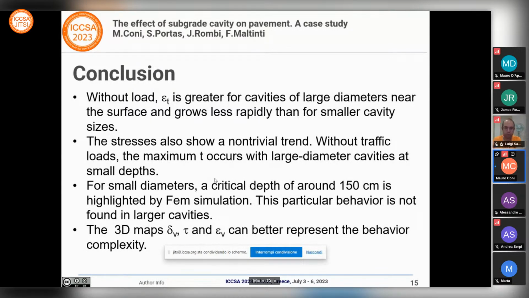For small diameter, a critical depth of about 150 centimeters is highlighted by the FEM simulation. A similar result can also be found in the literature review. And finally, the 2D maps help us to understand and better represent the behavior complexity.